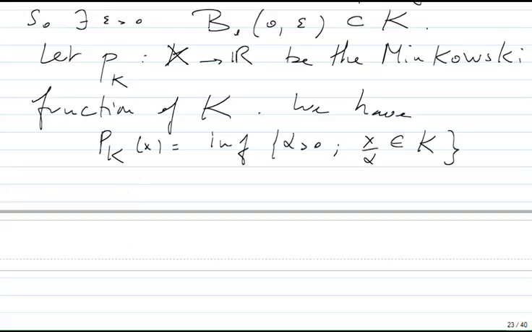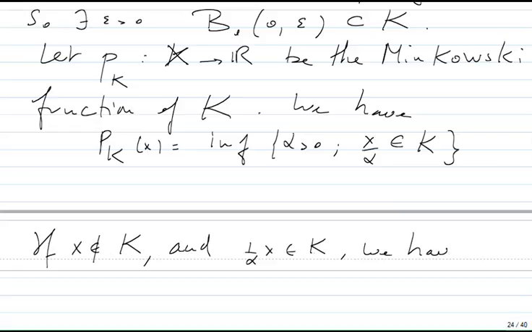So if x does not belong to K and 1 over alpha x belongs to K, we must have, by the convexity of K, alpha greater or equal than 1. That's just the convexity, because if 1 over alpha x belongs to K and alpha is less than 1, we can multiply. This will tell us that x belongs to K. Okay?